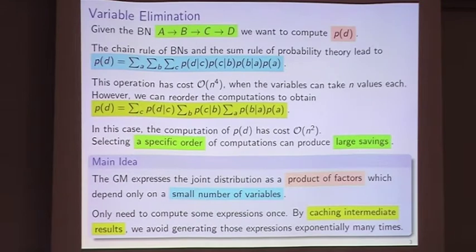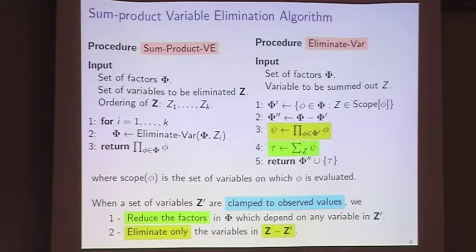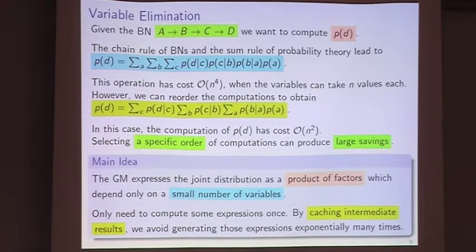So in this first call, if we call the sum-product variable elimination with this ordering of the variables and the factors, the first variable to be eliminated would be A, and the first set of factors, phi prime, would be this one and this other one.